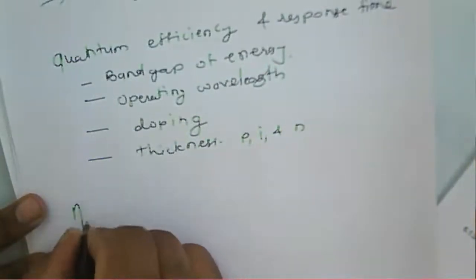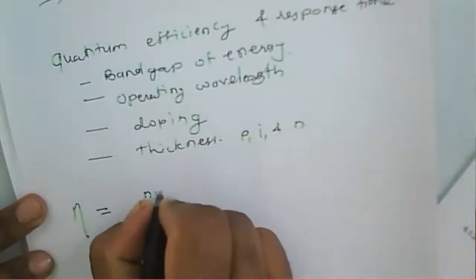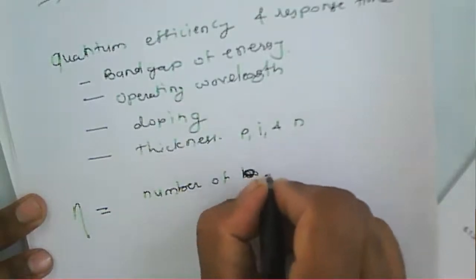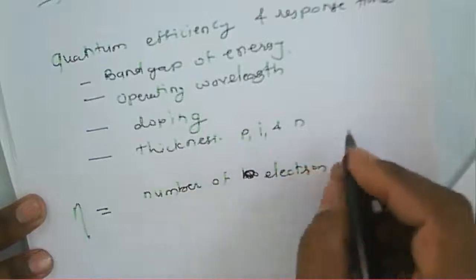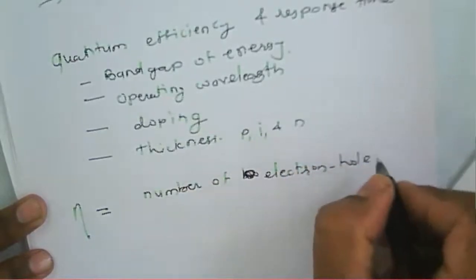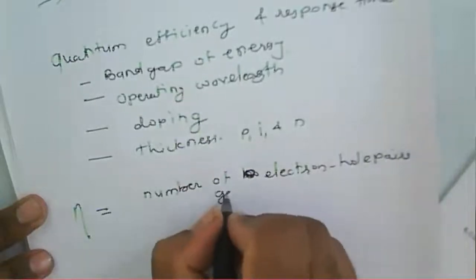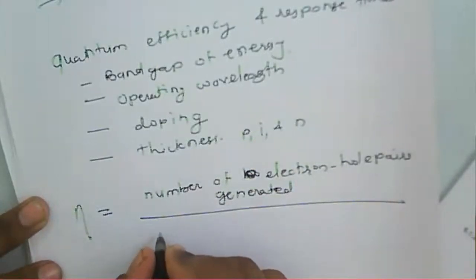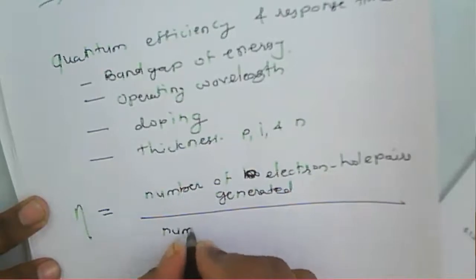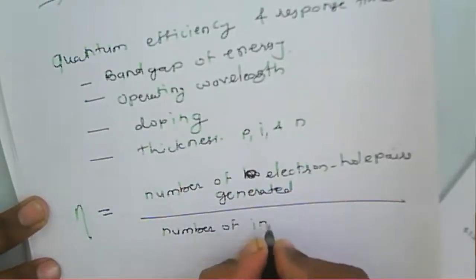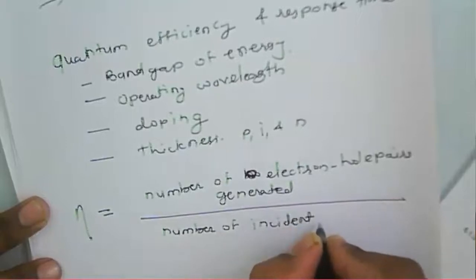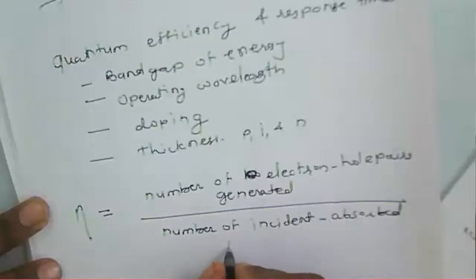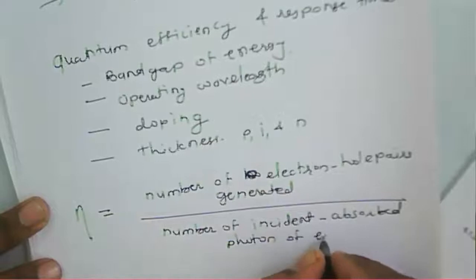So we can calculate that the quantum efficiency is nothing but the number of electron-hole pairs generated per number of incident absorbed photons of energy.